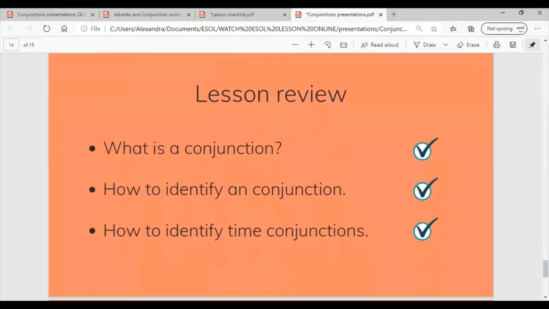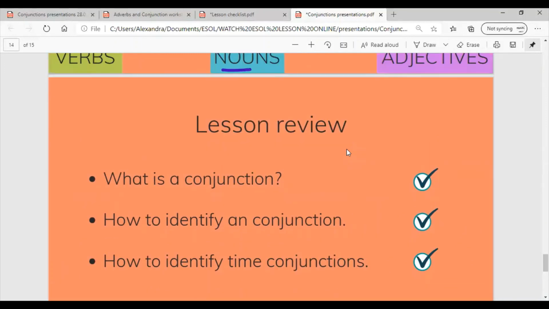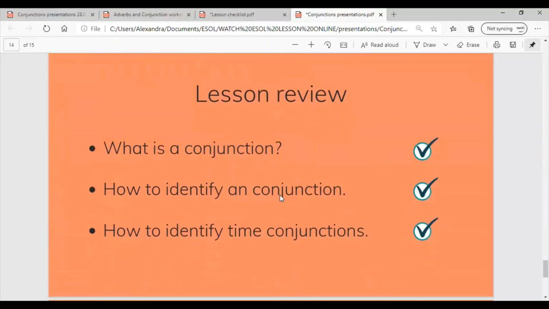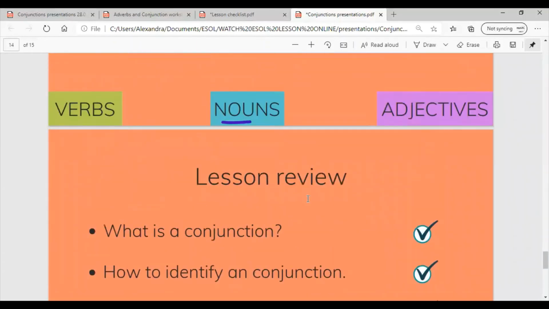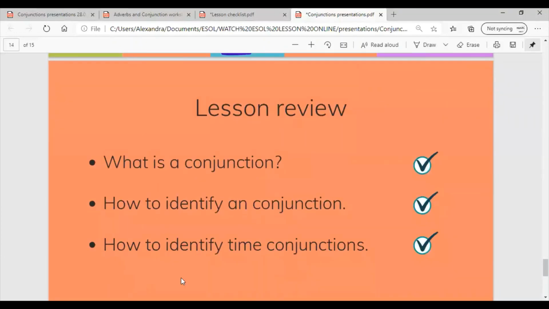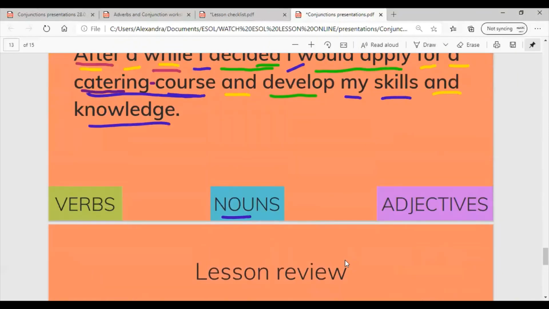So when we look at this lesson, we've looked at what is a conjunction. A conjunction is a common connective word which ties together the nouns and the verbs and maybe the adjectives and adverbs into a sentence to make sure it makes sense. We now know how to identify a conjunction. Remember, we're looking for those little connective words. And finally, we looked at how to identify time conjunctions.